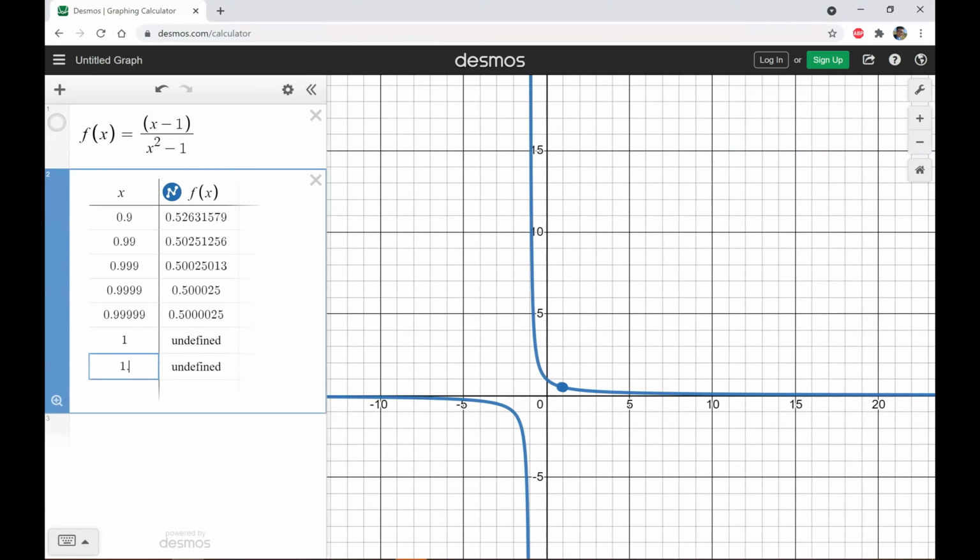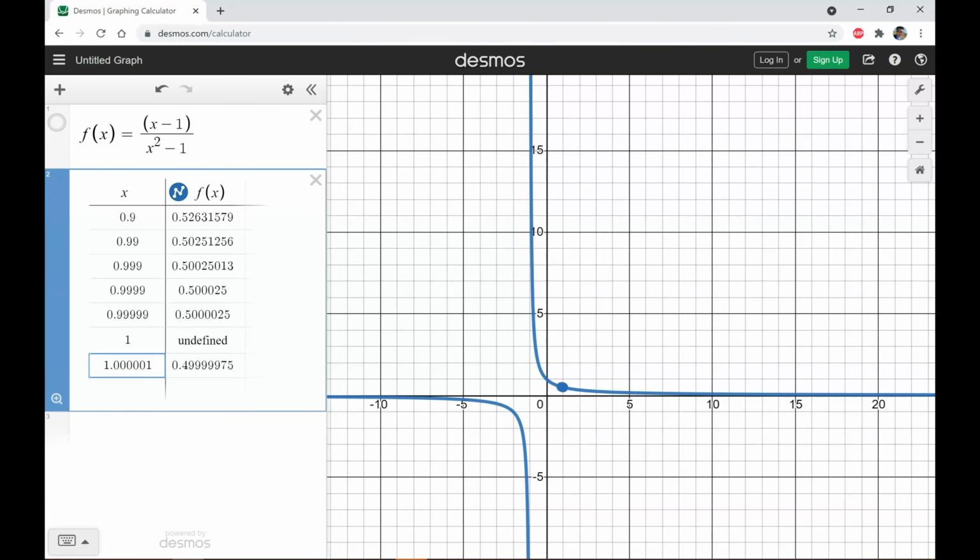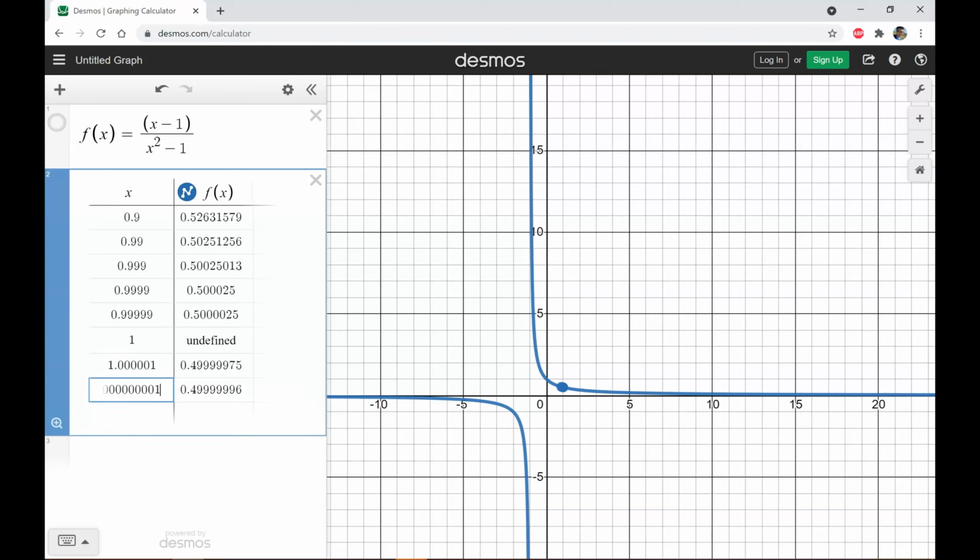And well, what if we plug in something like 1.000001? What's happening there? Ask yourself, what's happening with the f of x values, or the output values, as x approaches 1? What is the y value approaching?